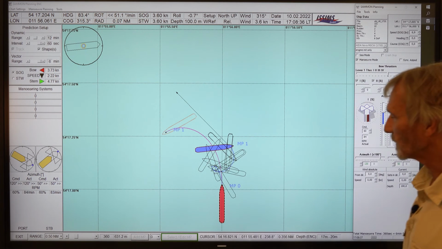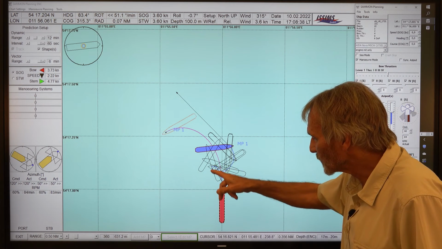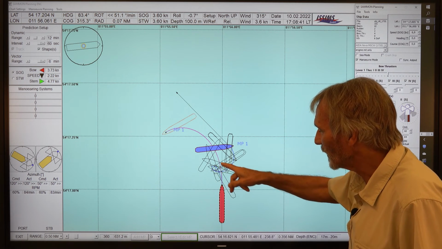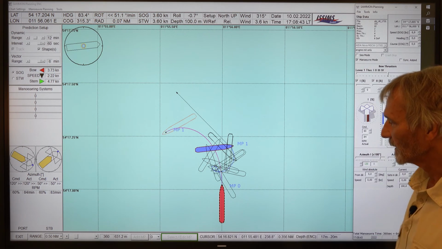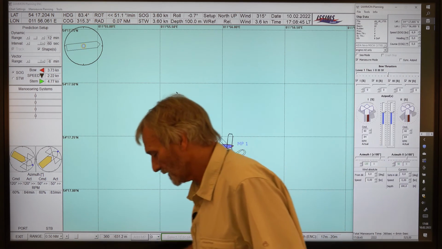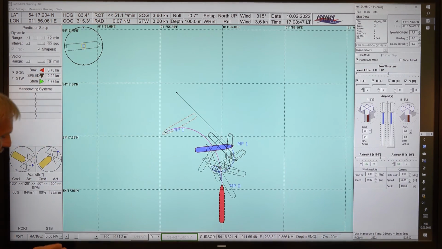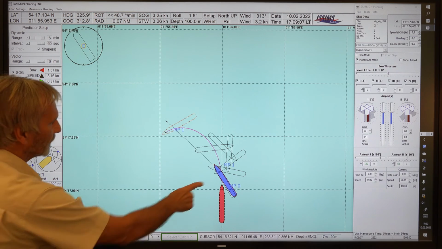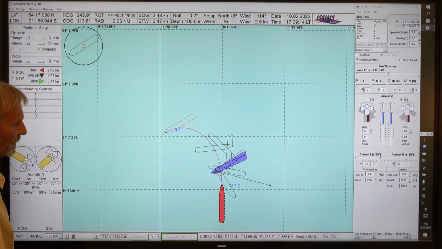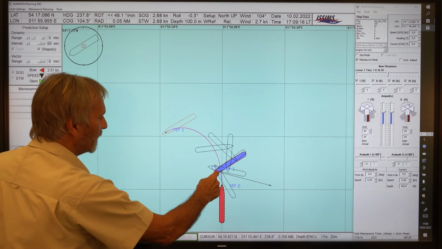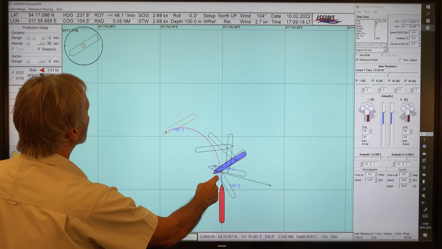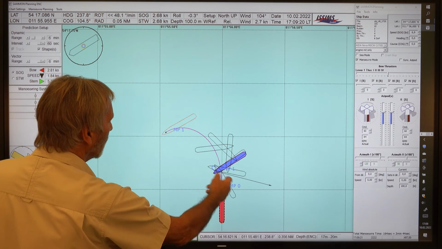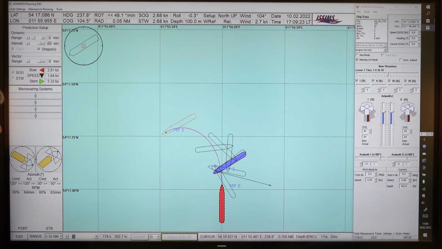What you see here is that the ship is already turning. If I move it a little bit back, then you see 60, this is after 1 minute. This is the turning of the ship here. It nearly stops. So at this position, only the stern swings out heavily.